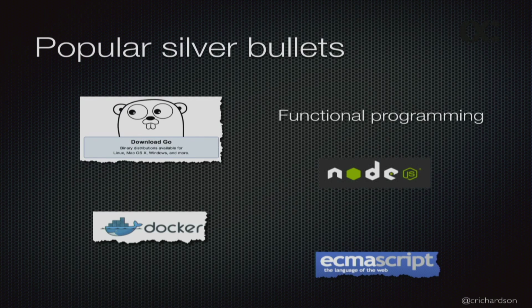Today, popular silver bullets include the Go language, functional programming, Node, Docker even, and of course, JavaScript in general. It pains me, by the way, to think that I've been building software for 30 years, and really, Go and JavaScript are the best we can do? Anyway, slight dig.